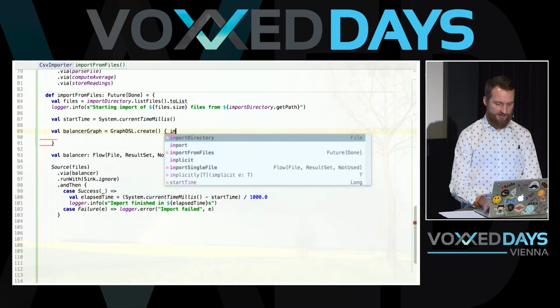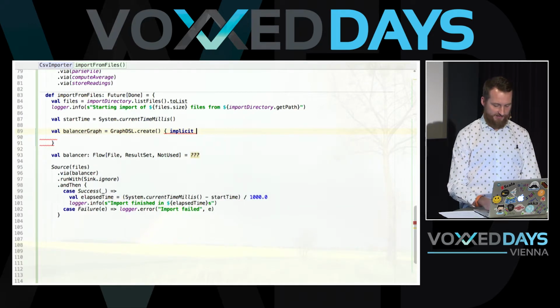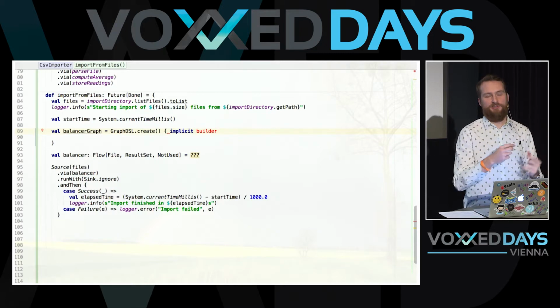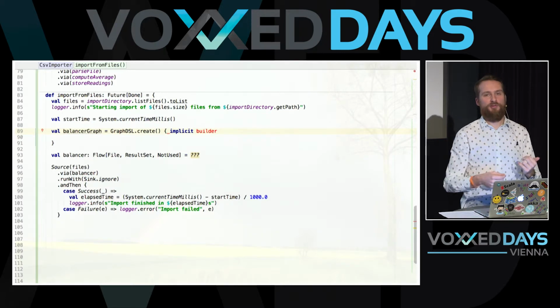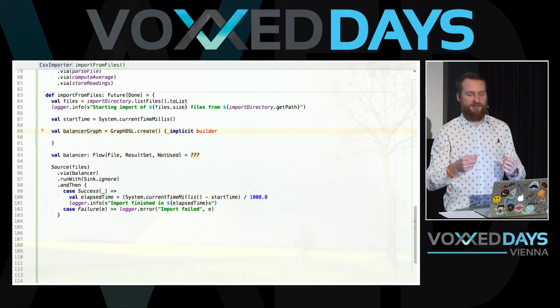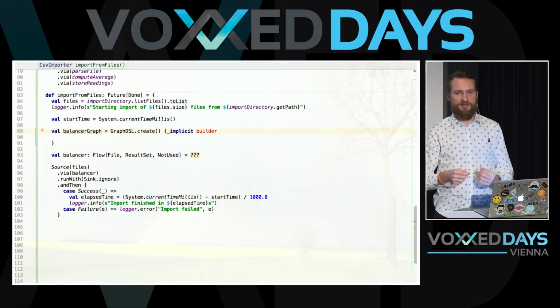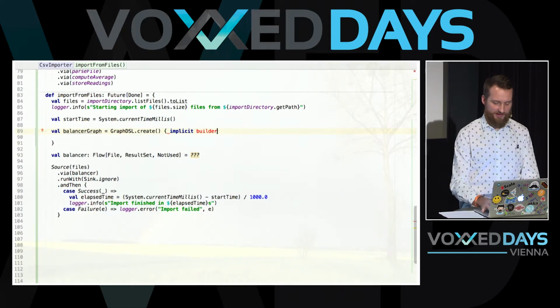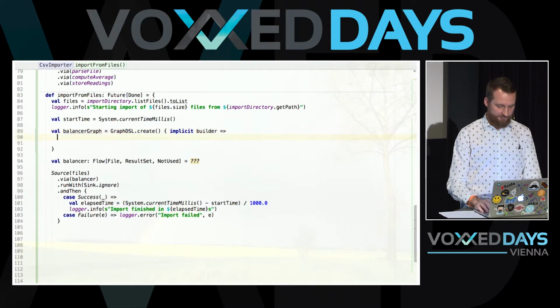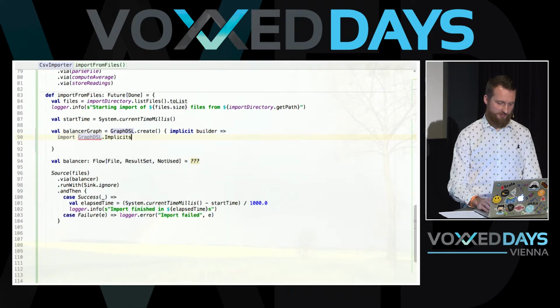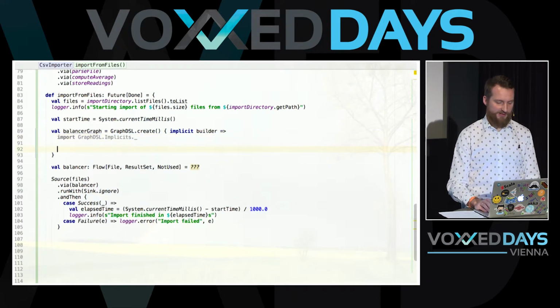What we get here as an implicit value is something called the builder, and the builder is basically our way to access the structure of the graph. So if we'd like to add a processing stage to the graph, we'll be using the builder instance to add the elements. We'll also import the DSL for the methods of the graph DSL. You'll see them in a second.